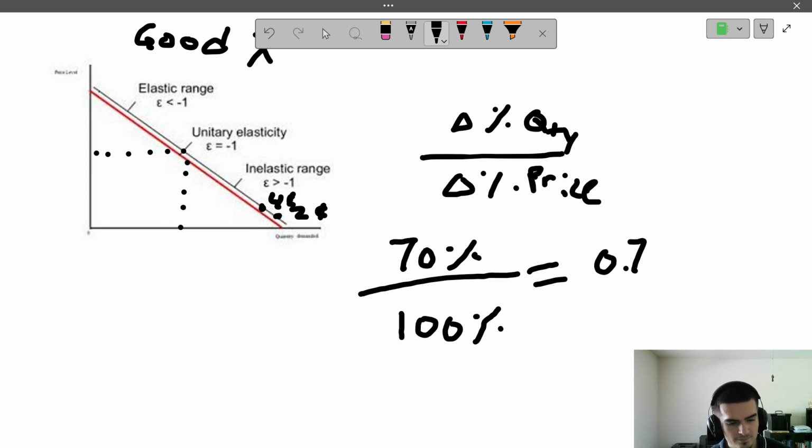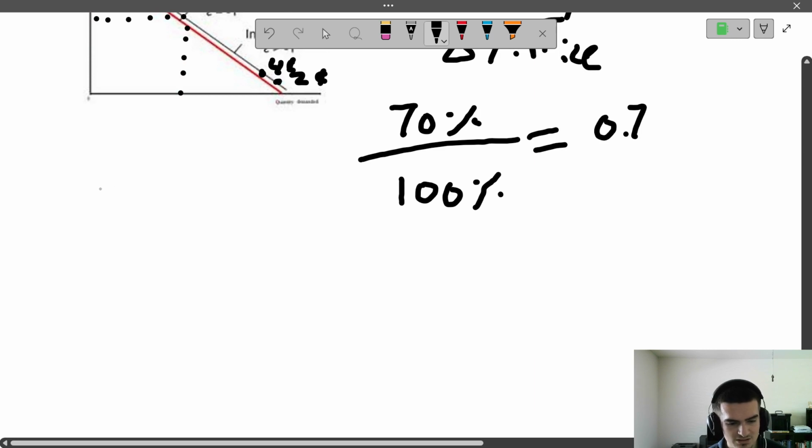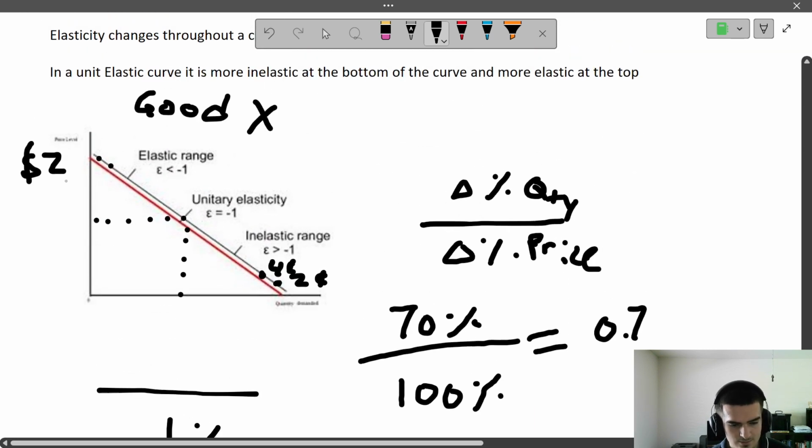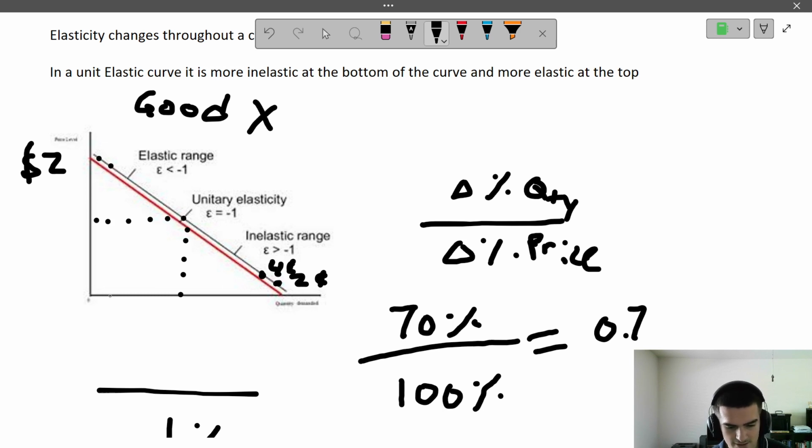But up here, let's say this is $2, and we decrease it 2 cents again. That is a 1% change in price, but you are doubling quantity right here.